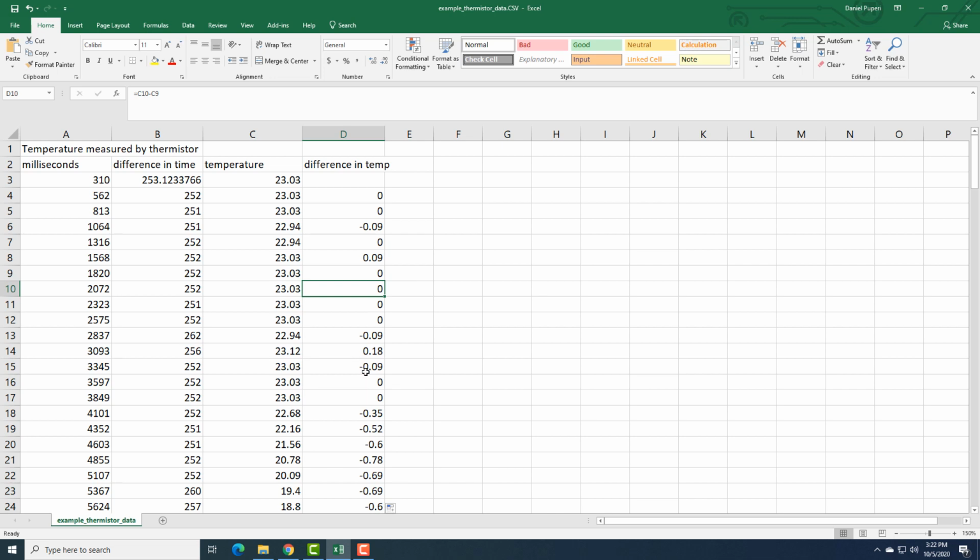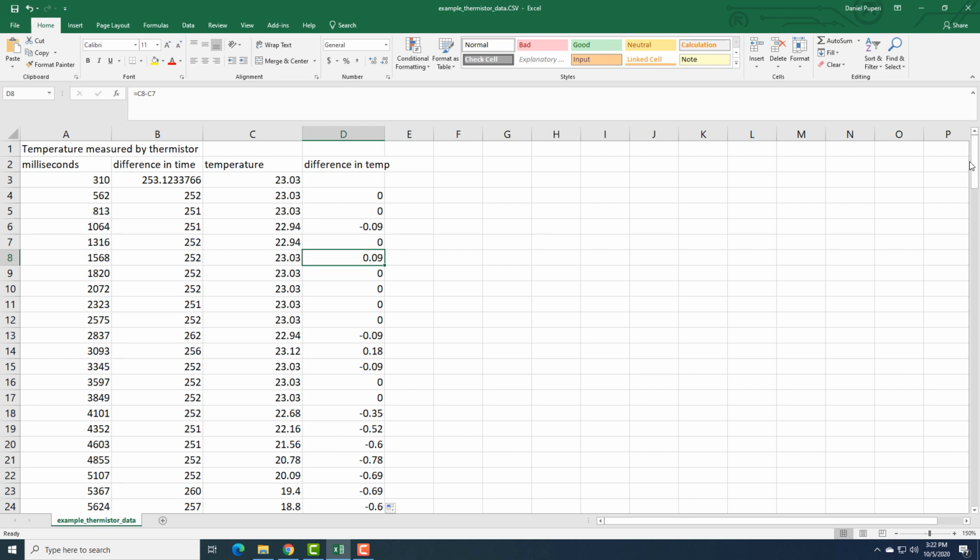What we see here is where this data is supposedly static, you're seeing it change by about 0.09, or 2 times 0.09. In other words, it's not changing by 0.04 or 0.03 or 0.07. It's only changing by this fixed amount.